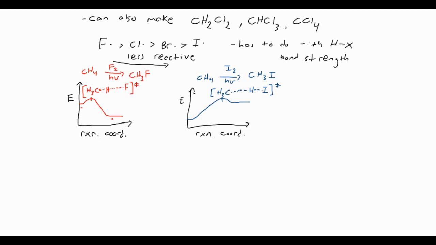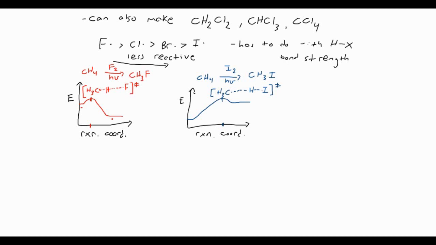And you might also notice that in the first reaction with fluorine, this transition state is very early. So this transition state is very close to the reactants, and it happens almost right away. Whereas with iodine, the transition state is very far along, and it happens almost right before we get to the products.